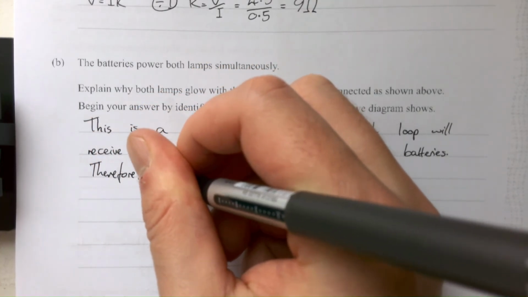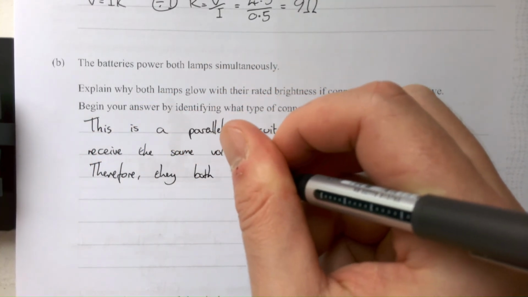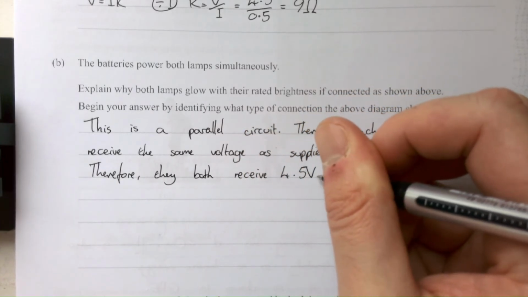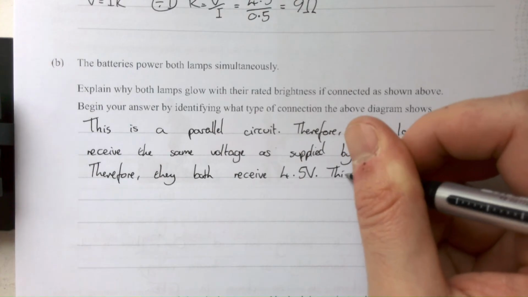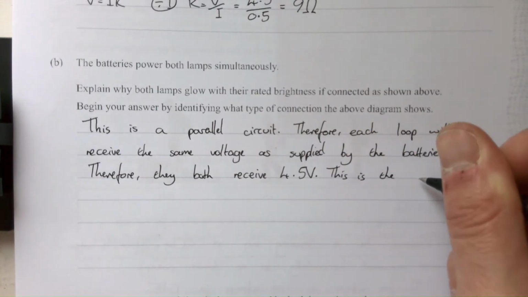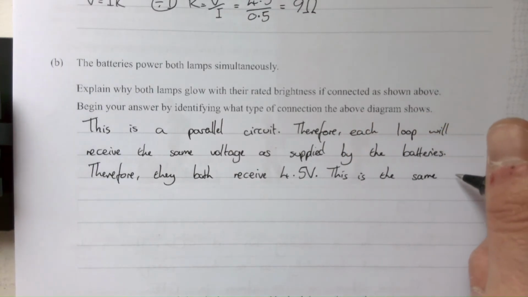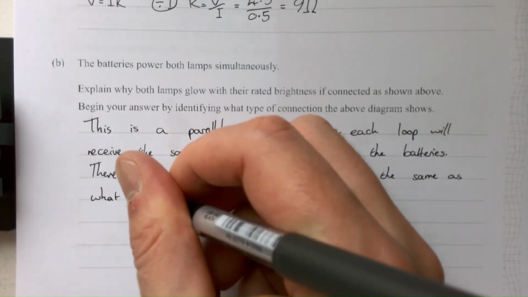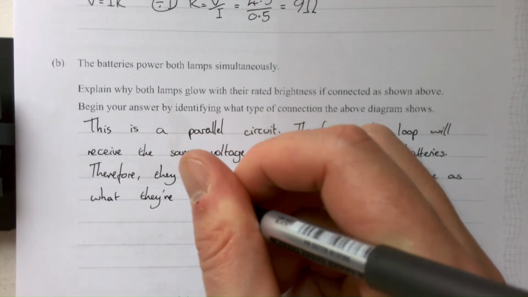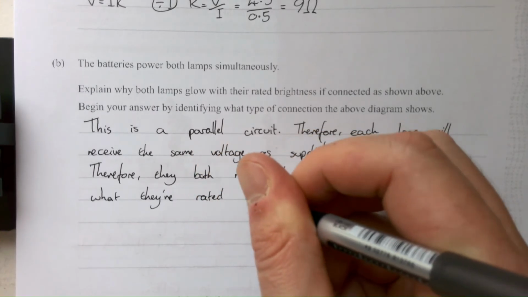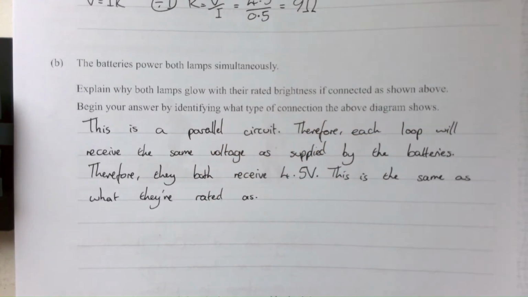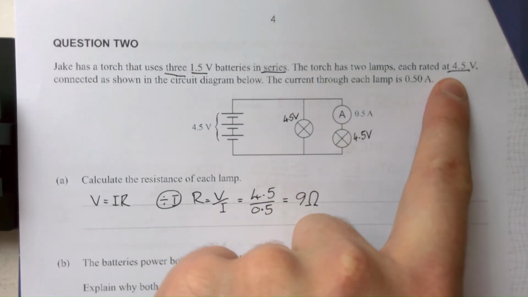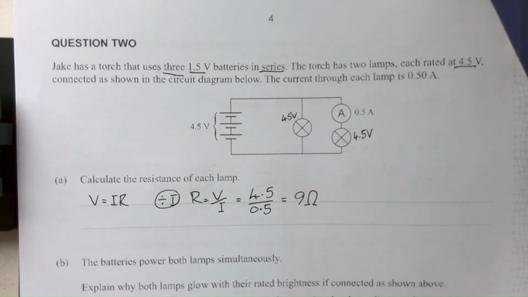they both receive 4.5 volts. This is the same as what they are rated as. In the question at the top, we're told that each lamp is rated at 4.5 volts.